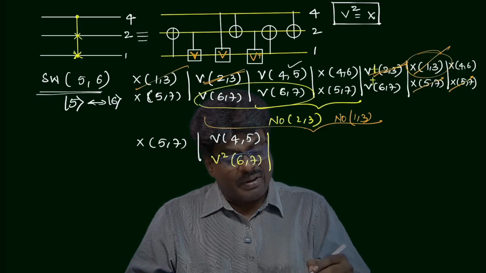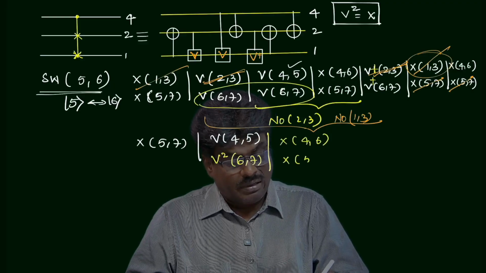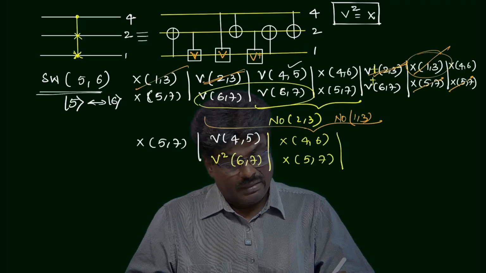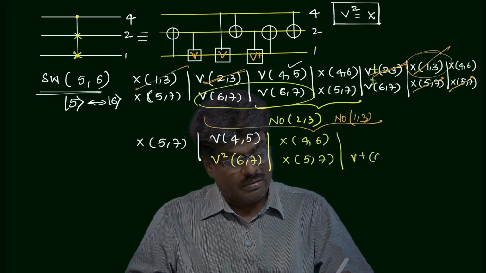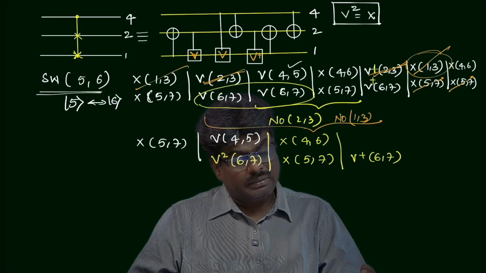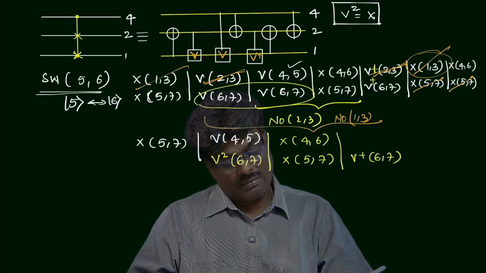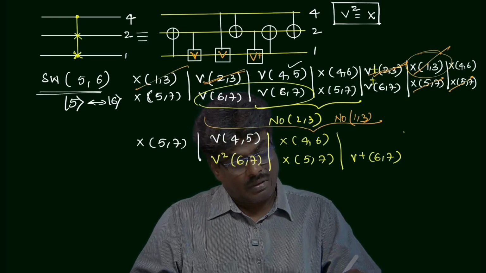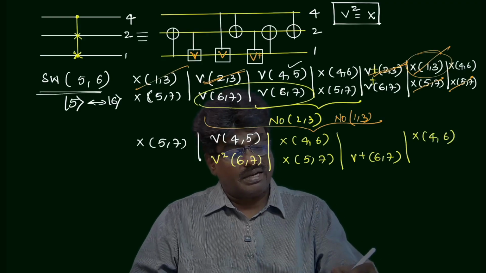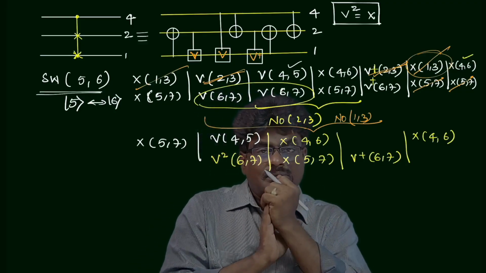Next 4 comma 5 I have written, and after that x of 4 comma 6, x of 5 comma 7, and after that v dagger 6 comma 7. Okay, and anything remains? Yeah, one more is there. Yeah, so here again x of 4 comma 6, the last one. So that's it. This is what we get.